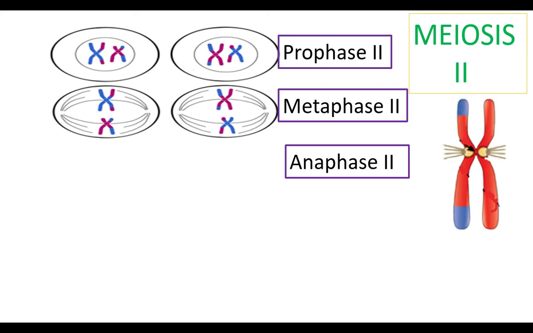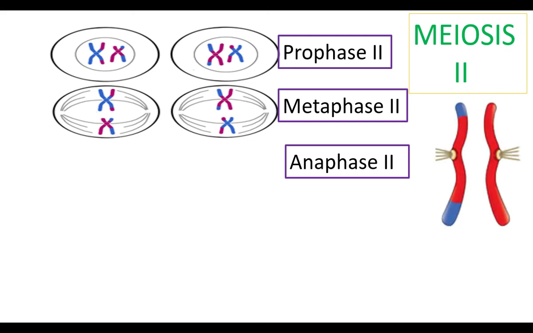So the daughter chromatids are separated. In meiosis I, anaphase I, there is no splitting of the centromere, whereas in meiosis II, anaphase II, there is splitting of the centromere, so the daughter chromatids are separated. The daughter chromatids move towards opposite poles in anaphase II.